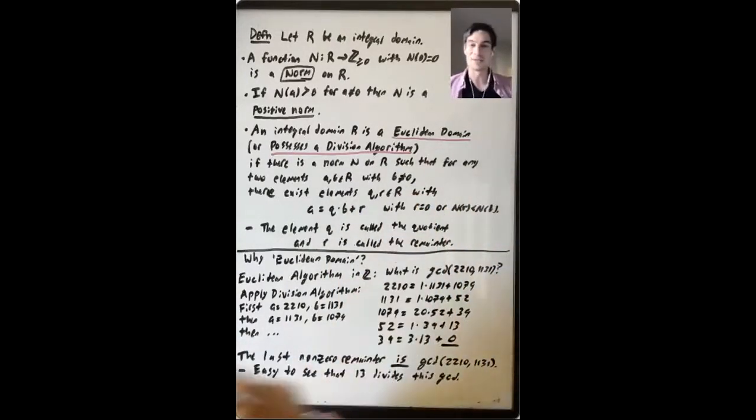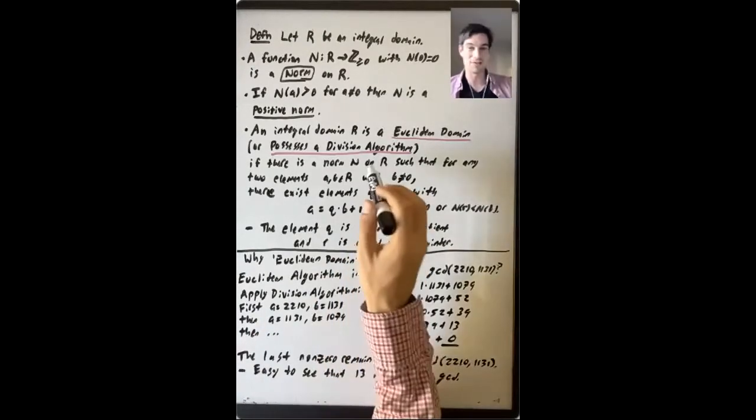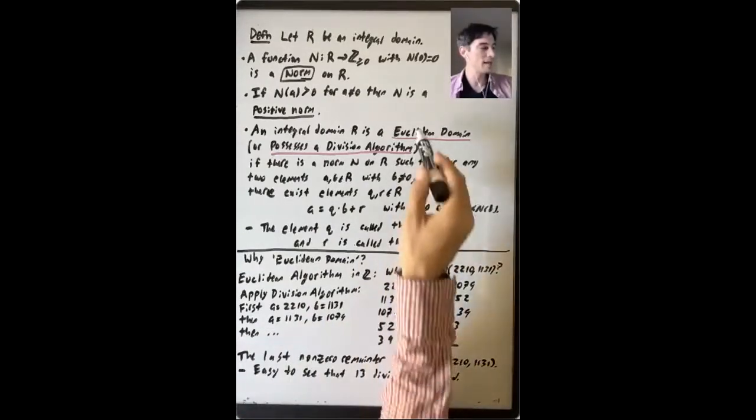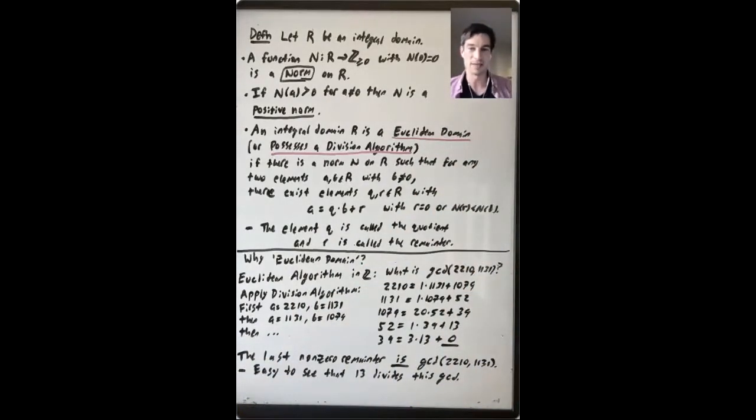We're giving a more general idea of what it means for a ring to have a division algorithm. All right, so there's something I want to address before getting further into this, which is why this is called the Euclidean domain.